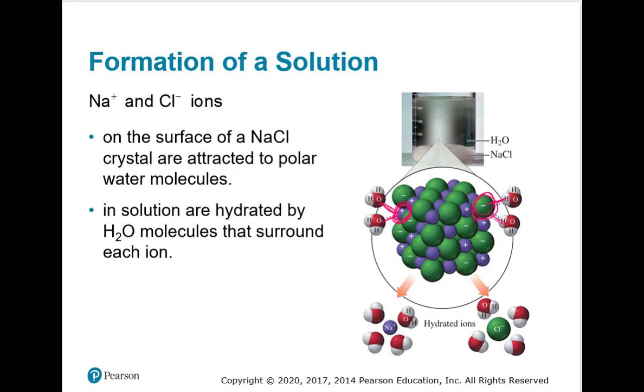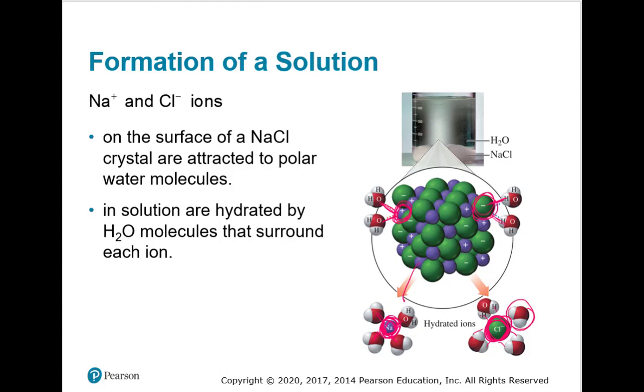In a solution that's hydrated by water molecules, they surround each ion. Notice I have an Na+ ion, and that positive is going to be surrounded by all those negative oxygens. And the chloride ion, that's negative, is going to be surrounded by all the H pluses.